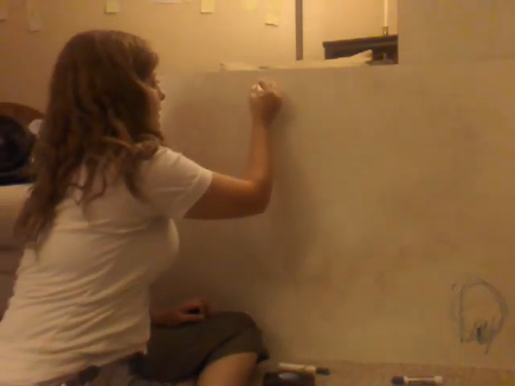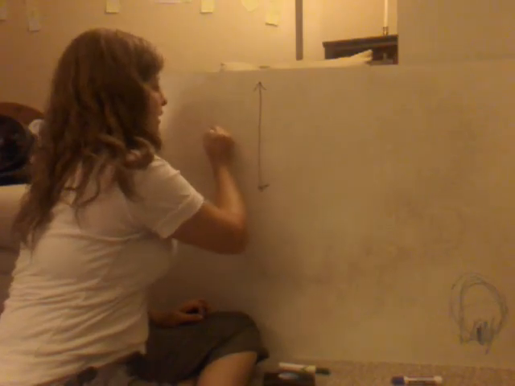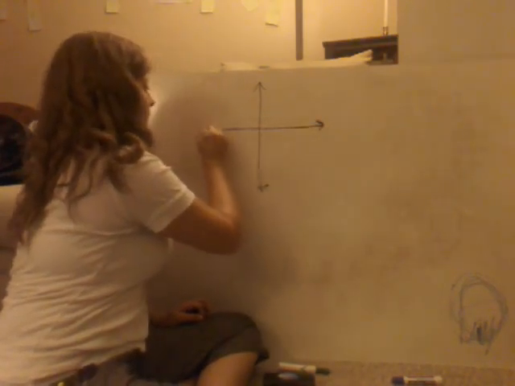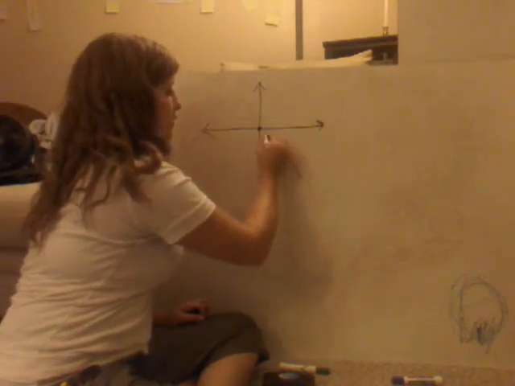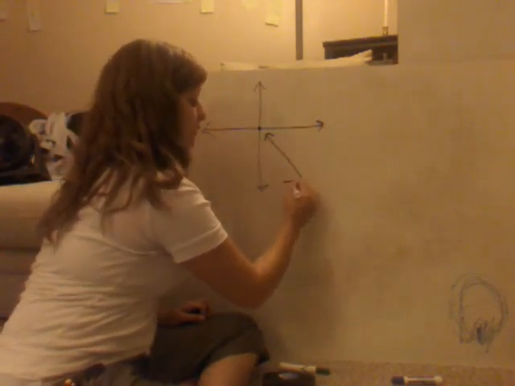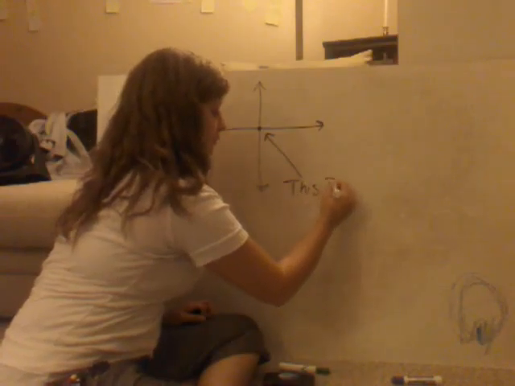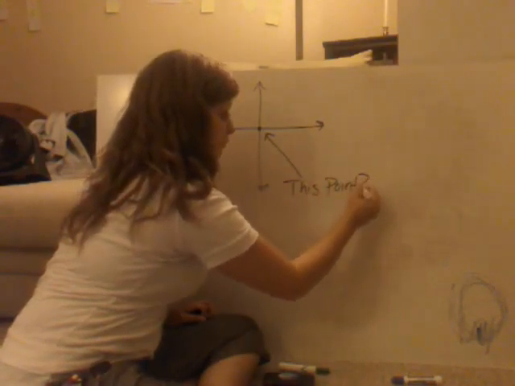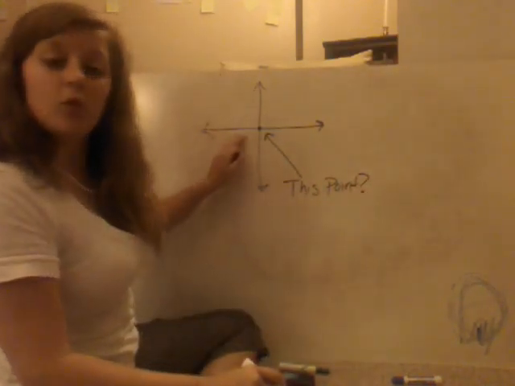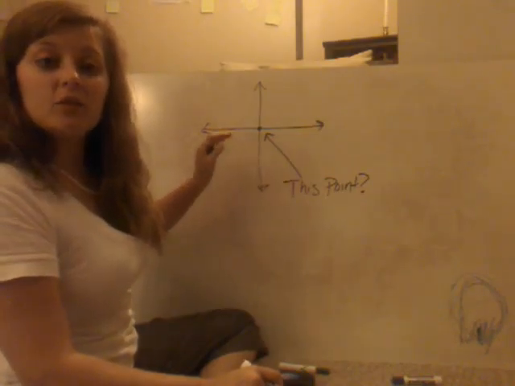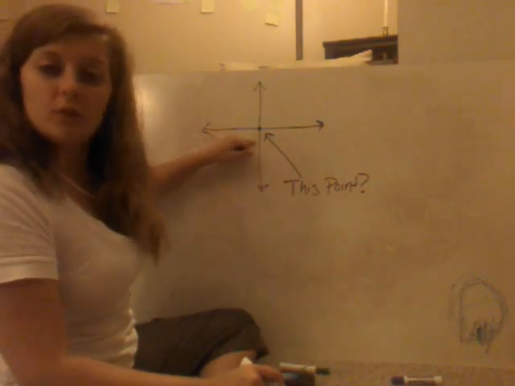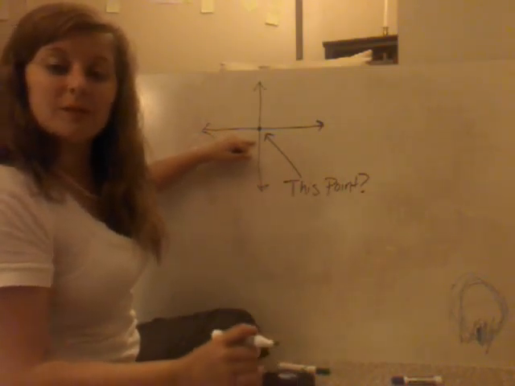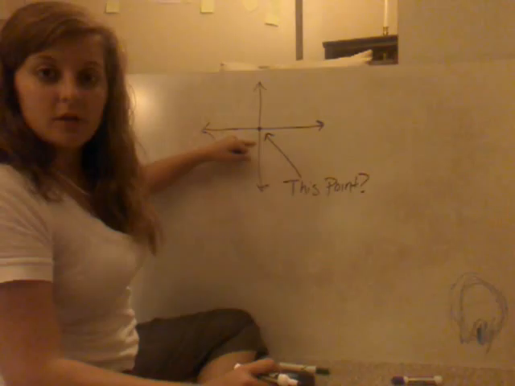All right, next, I had two lines crossing, and I made sure to point out this point right here. I wanted you to tell me what is this point. Some people called it an origin. I like the fact that you noticed it was two lines intersecting, and that's what an origin is as well, but an origin is specifically 0, 0 with an X and Y axis.